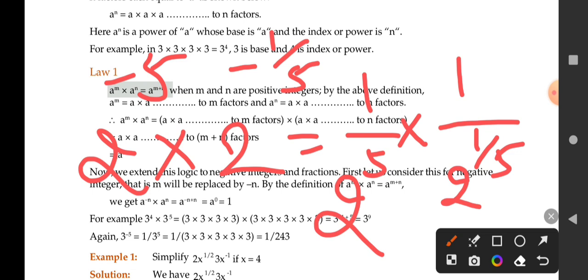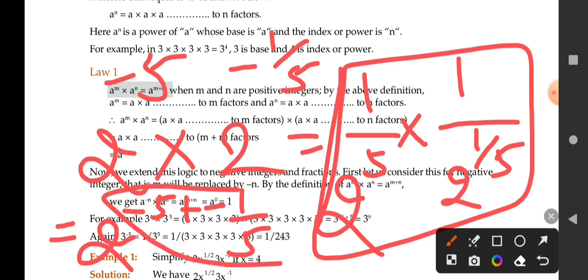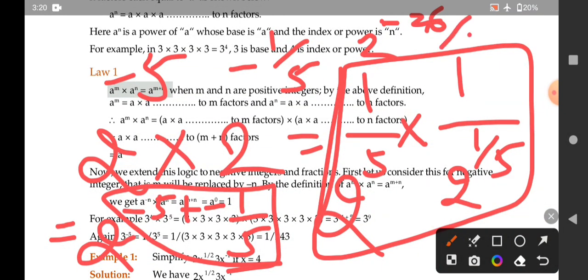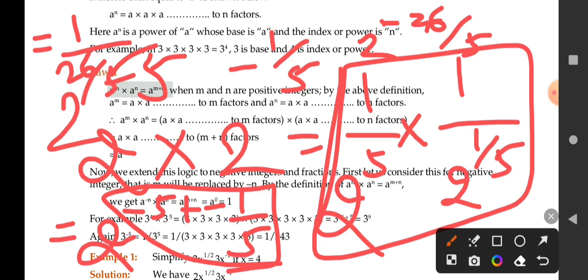But what do we write here? 2 power minus 5 plus minus 1 by 5. Simplifying this index, you get 2 power minus 26 divided by 5, and you write it as 1 divided by 2 power 26 by 5.